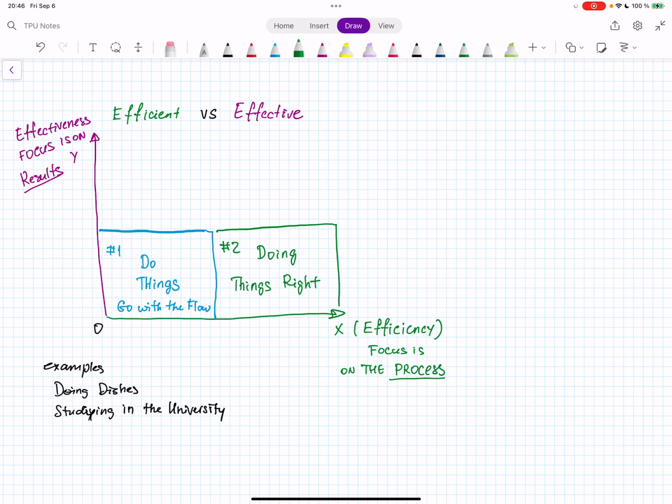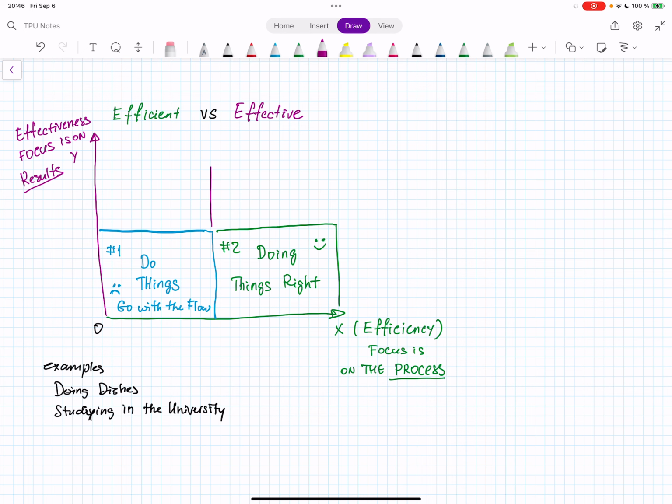Right way to do the dishes, right way to study in the university, right way of ironing the clothes or drying the clothes or washing the clothes. So they're doing things right, people. Okay? Which is good for them. They're happier people than, let's say, people who don't care much about anything. So they're not so happy.